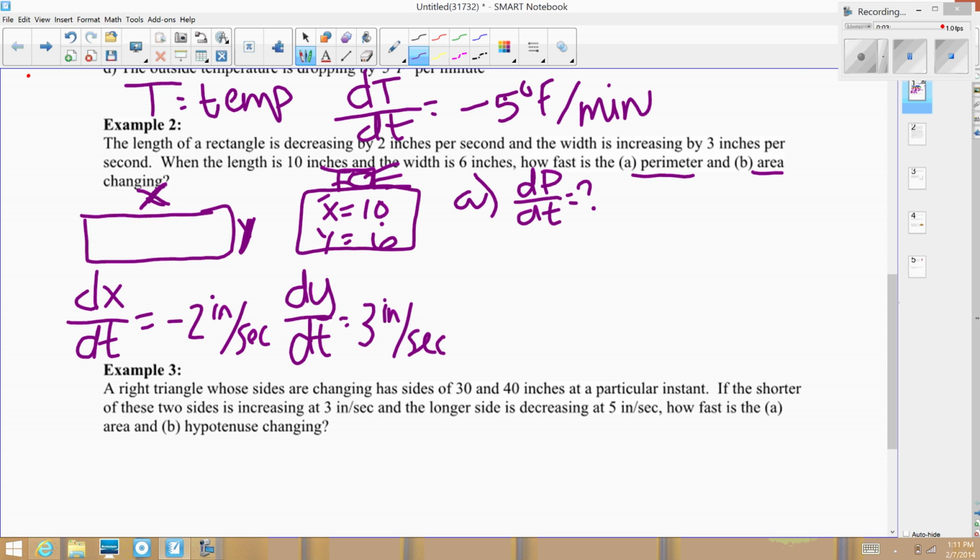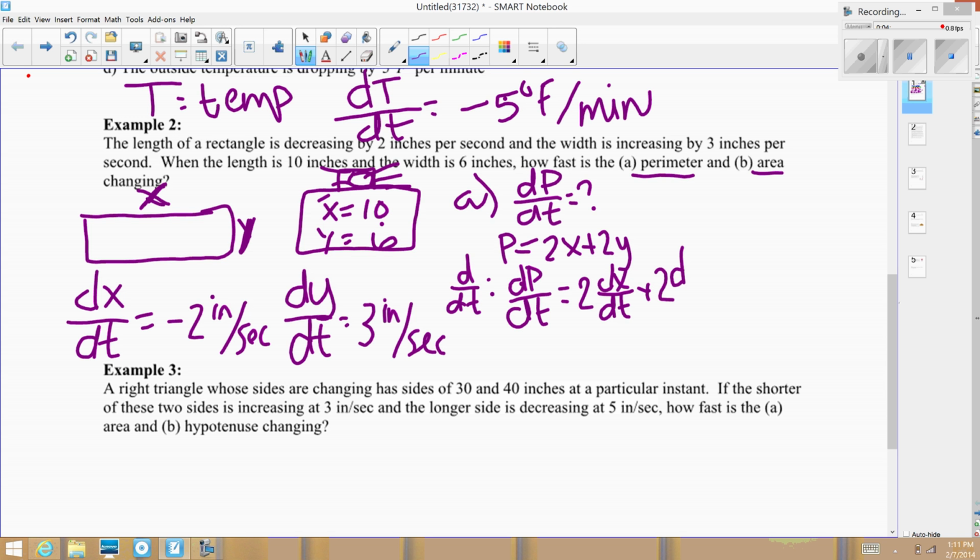All right, so we got to find the perimeter first. Well, that's just 2x plus 2y. How fast is it changing? We're talking about taking the derivative with respect to time. All right, so dP/dt equals 2 dx/dt, so we're taking the derivative of x with respect to time, plus 2 dy/dt. We're trying to figure out how the perimeter is changing at that specific snapshot moment of time, okay?